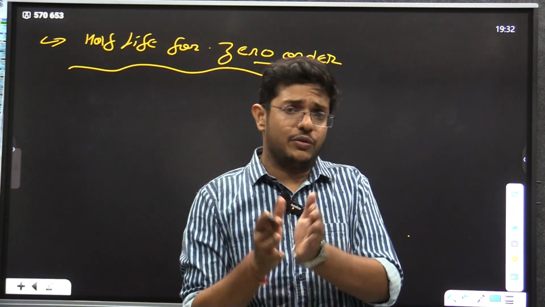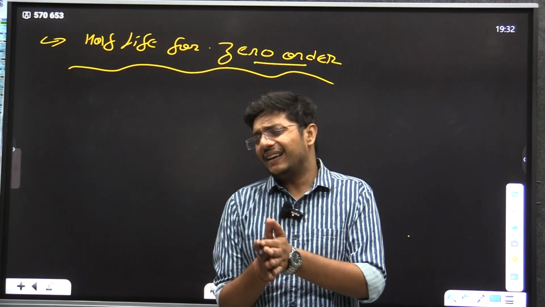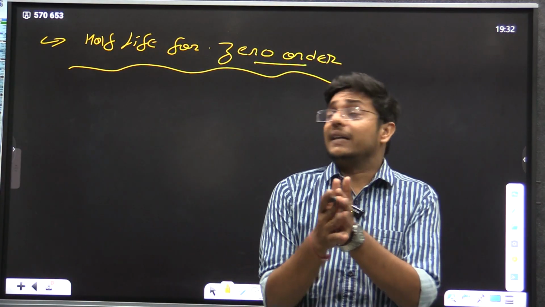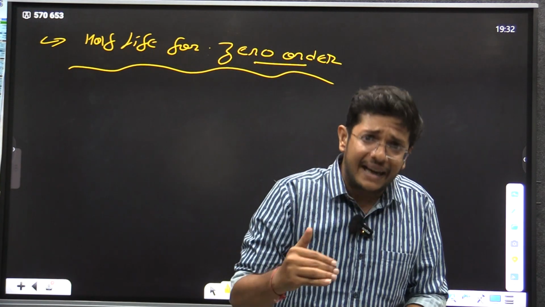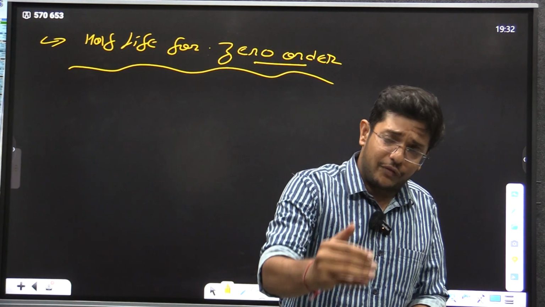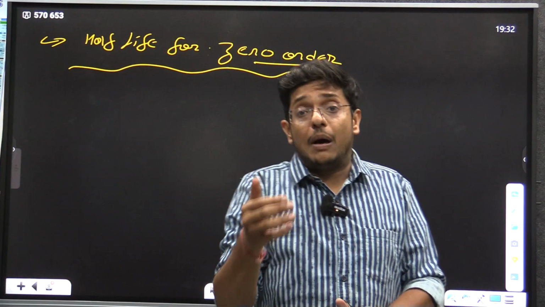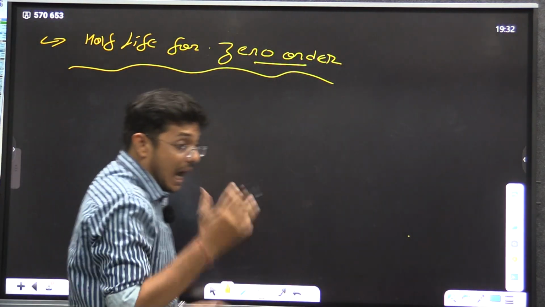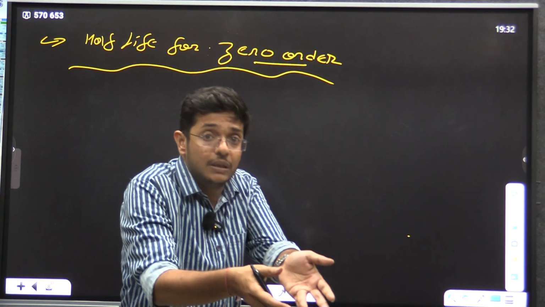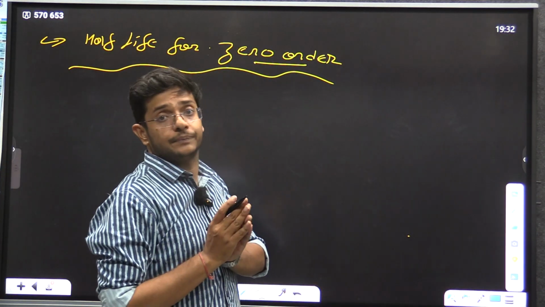The most important question is, what is the half-life? My dear, half-life says how much of the reactant will react in half the period of time, or you can say half of the amount of reactant is left in that period of time.